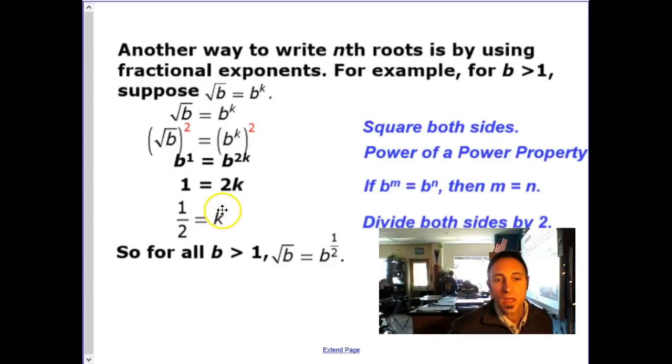Weird way to put it. But what you're saying is this number is 1/2. So whenever you write a radical as an exponent, you're writing it as a fraction where the index is the number in the denominator. Try that again. When you write an exponent that's a radical, the index is in the denominator.